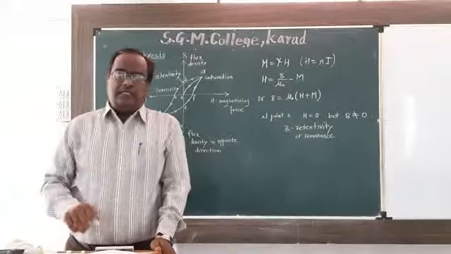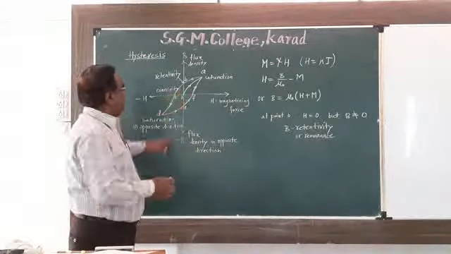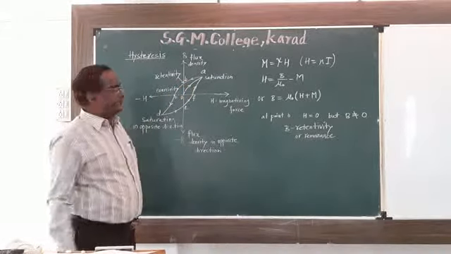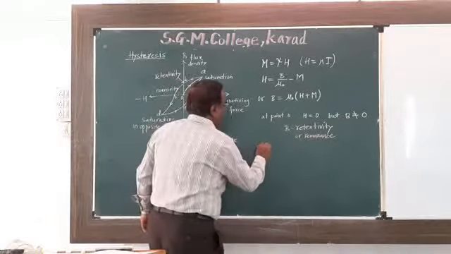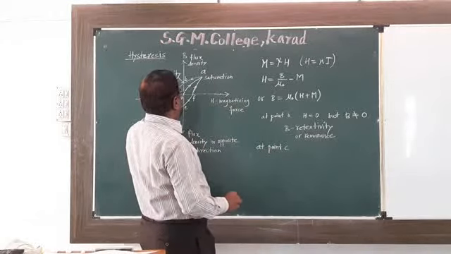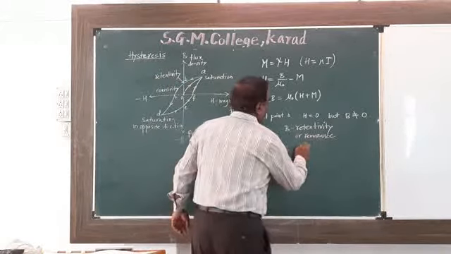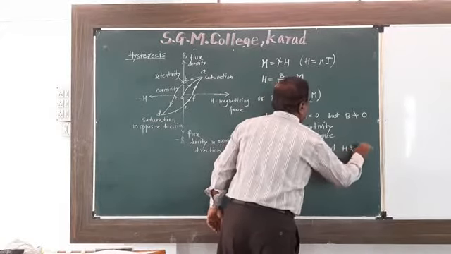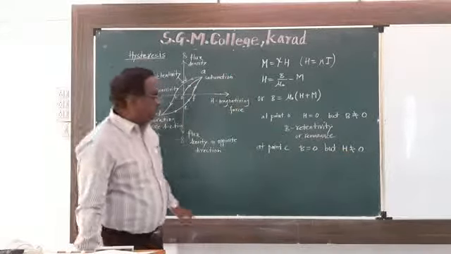Now, if we pass current in the opposite direction, then magnetic flux decreases and we reach point C. Here at point C, B is equal to 0, but H is not equal to 0.